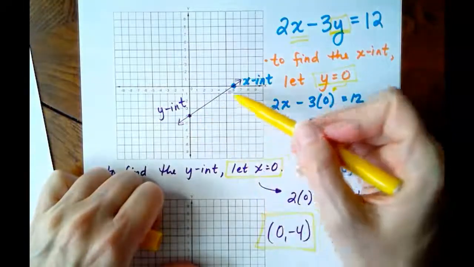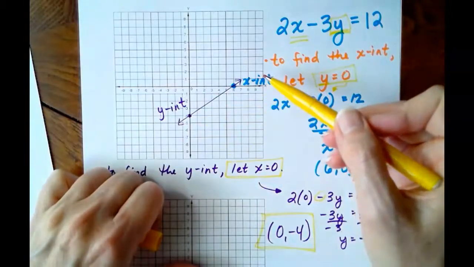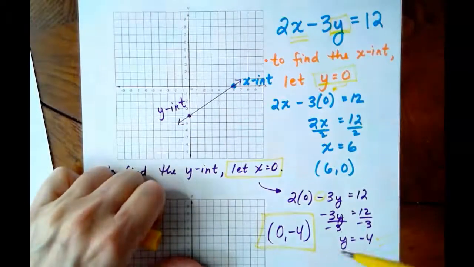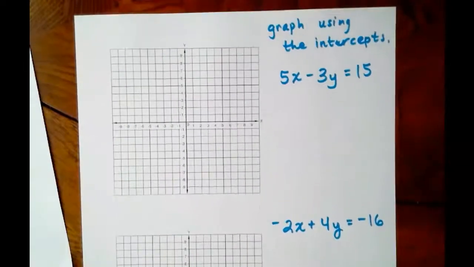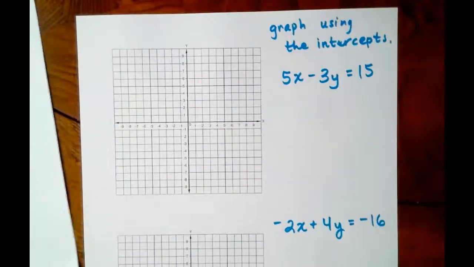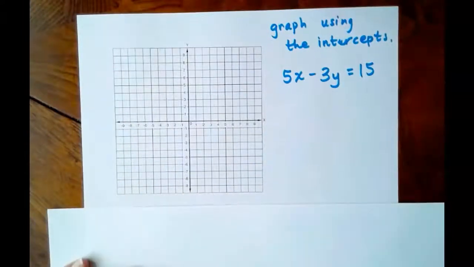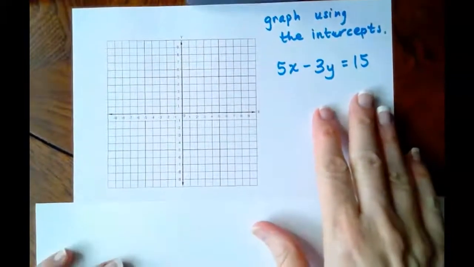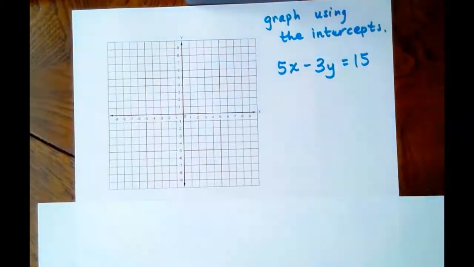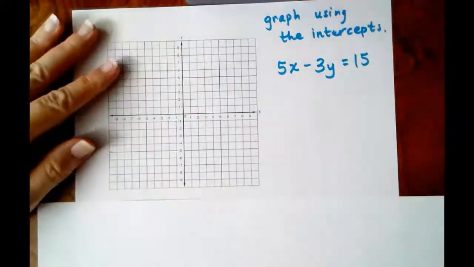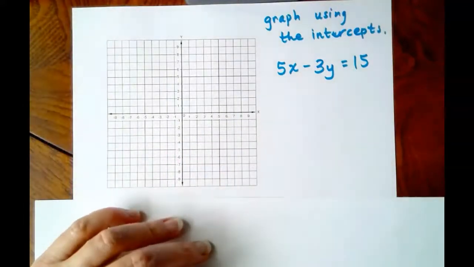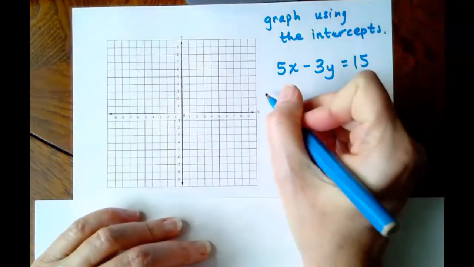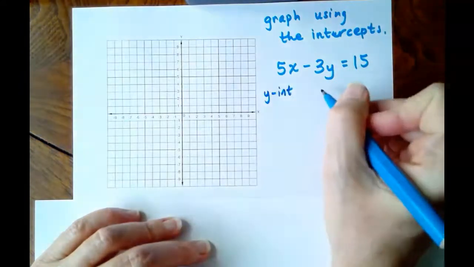If we have any 2 points on the line, we can graph that line, and we just did it by plotting the intercepts. Let's do it again, and let's use the cover-up method on these 2 equations. We'll start with the one on the bottom: 5x minus 3y equals 15. We'll find the y-intercept first.